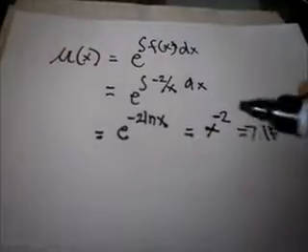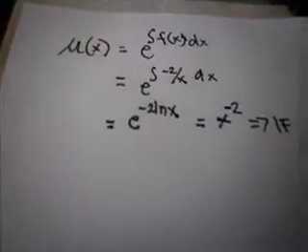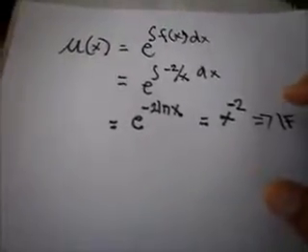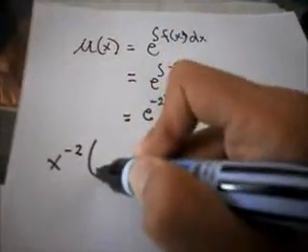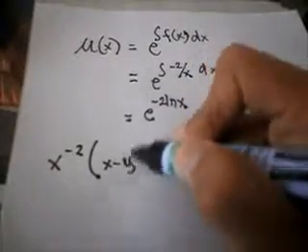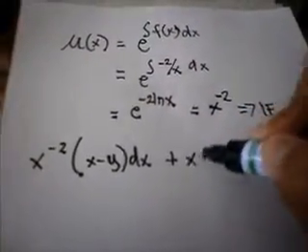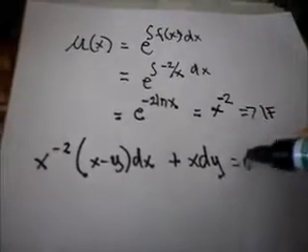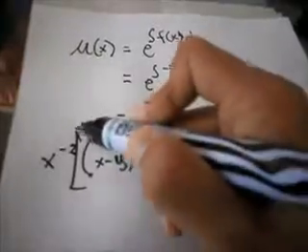Later on we will multiply this to our original differential equation. So let's multiply it: x to the -2 times (x - y) dx plus x dy is equal to 0. Let's put a bracket.